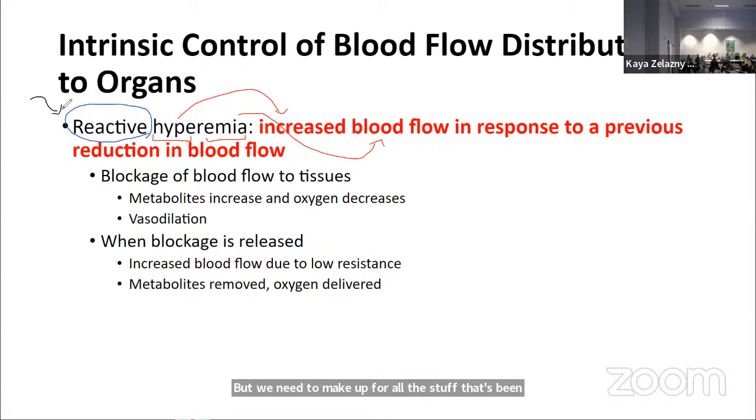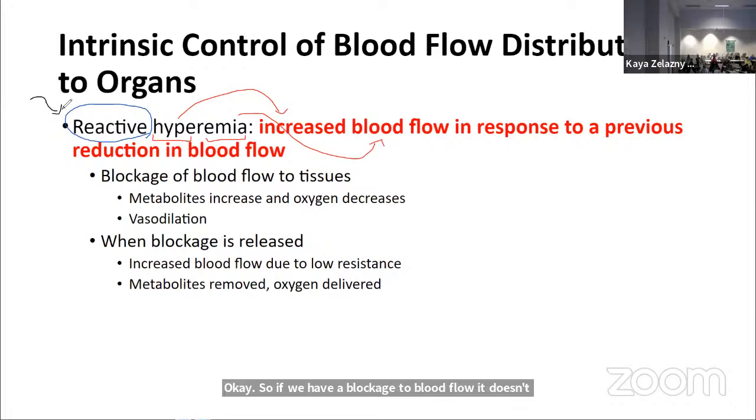So we're going to increase the blood flow to a higher degree than it would have been at normally without a blockage, so that we can readjust those concentrations in the extracellular fluid and therefore restore that normal steady state.